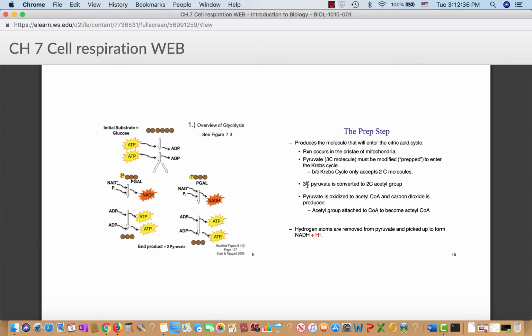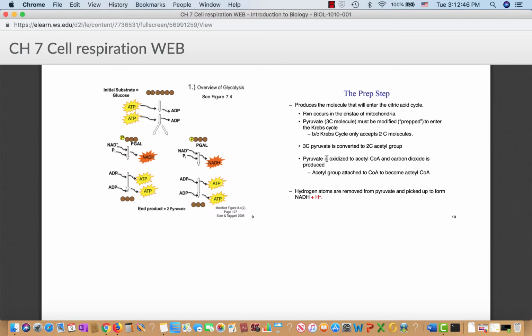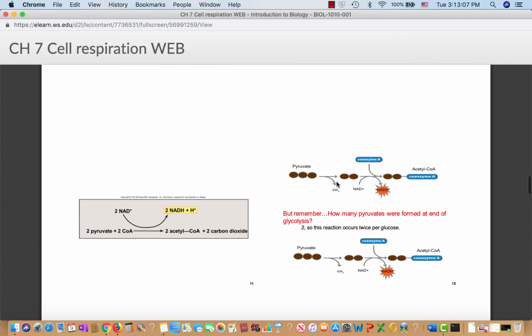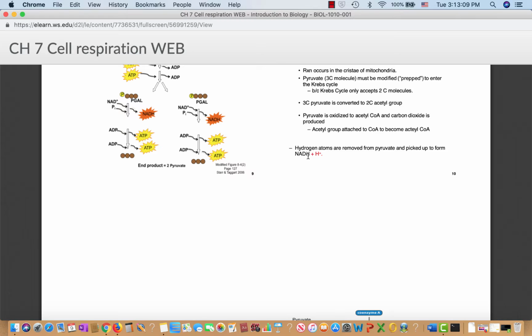You take your 3-carbon pyruvates, which you got at the end of glycolysis, and convert them into 2-carbon acetyl groups, which you oxidize, and you produce carbon dioxide. The acetyl group is then attached to the CoA, and it becomes acetyl-CoA. You remove hydrogen atoms from pyruvate, and they're picked up by NAD plus, which becomes NADH. Again, we're just shuffling around stuff with these things.